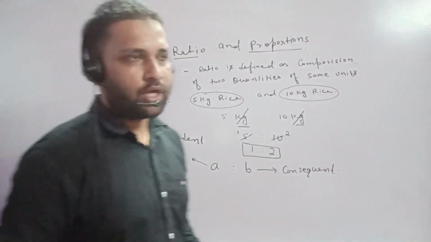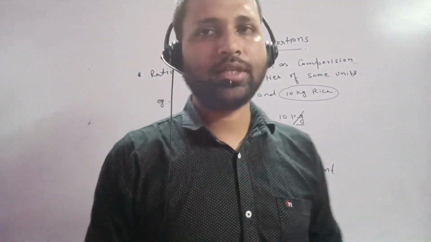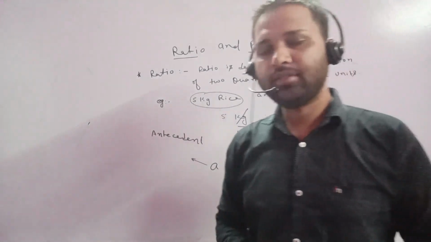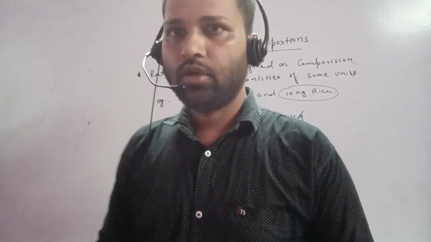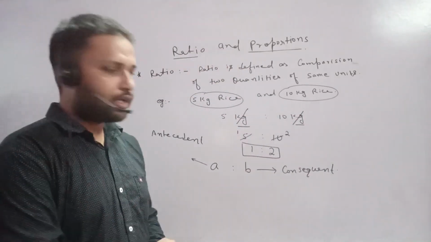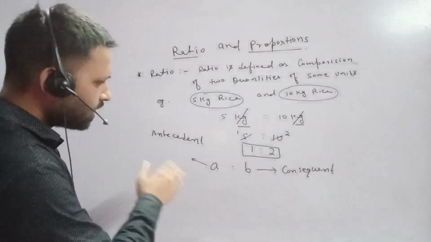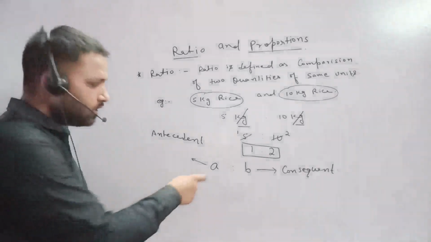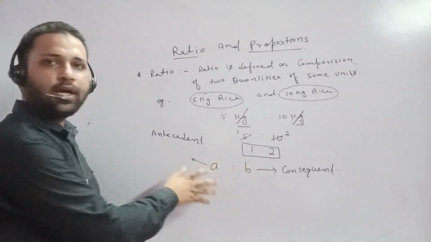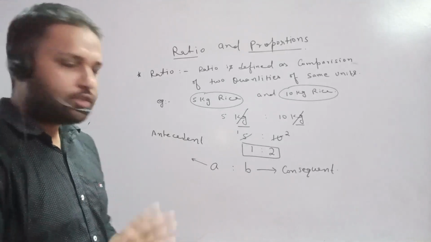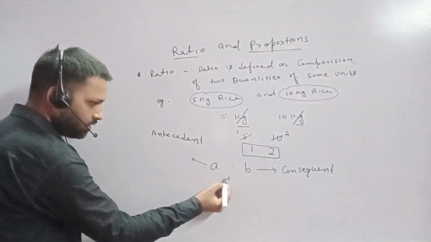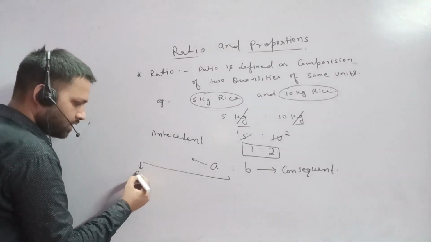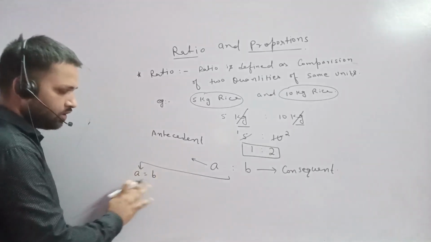We can classify ratios in three types according to antecedent and consequent. Three cases arise. The first: A equal to B.